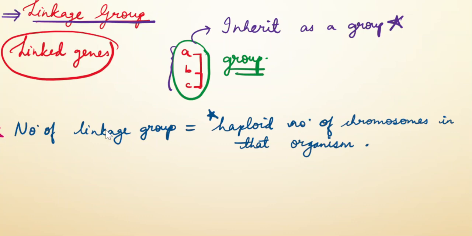Number of linkage groups is equal to the haploid number of chromosomes in that organism.